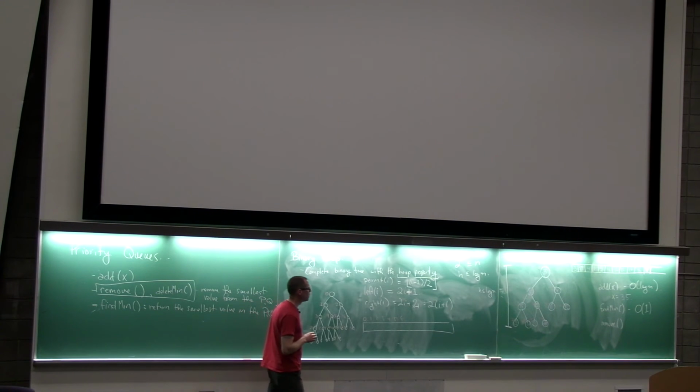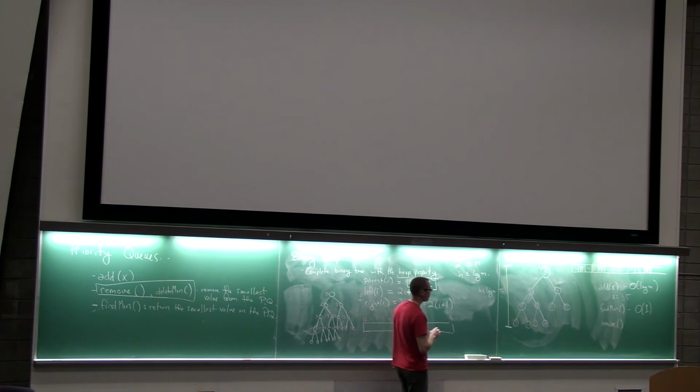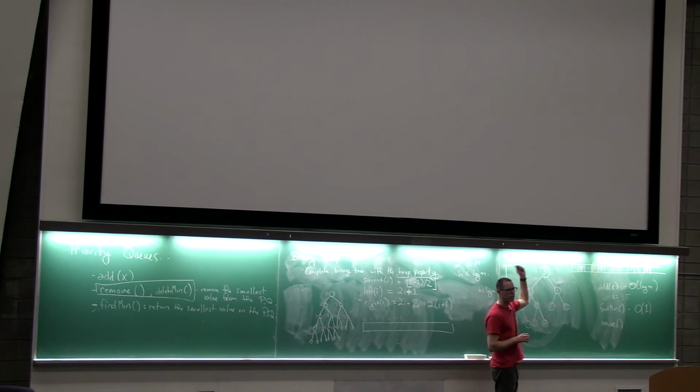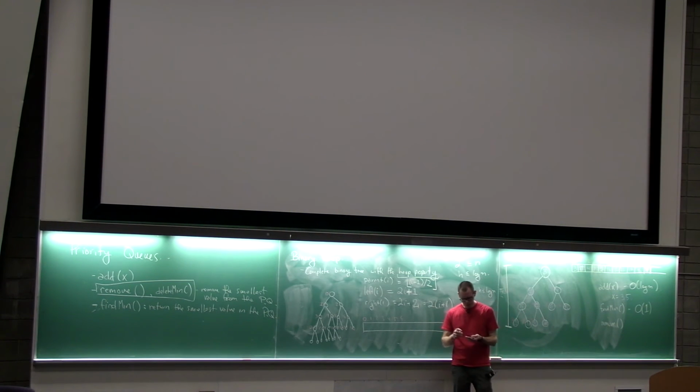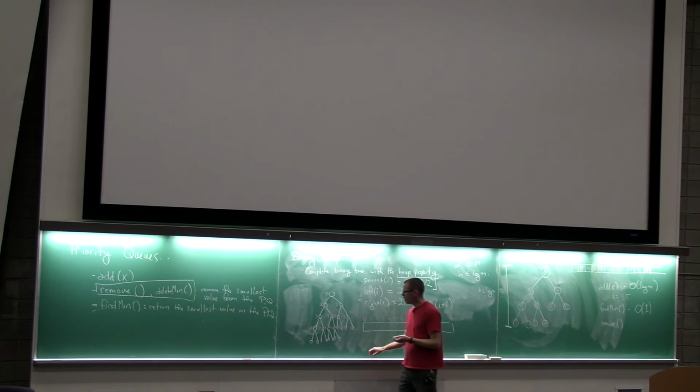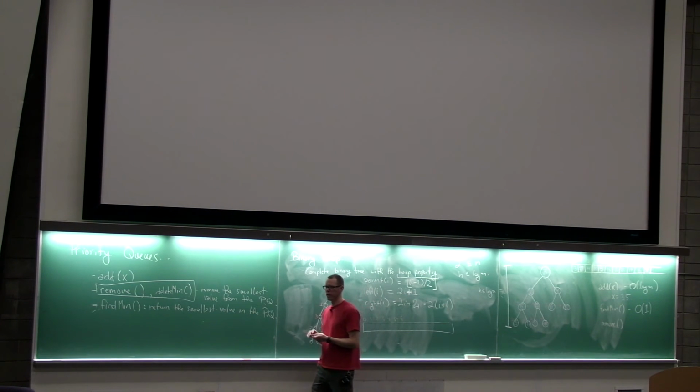The smallest value is at the root. So we want to remove the root from the heap. That looks difficult. But we have strategies for deleting difficult nodes. What's our strategy?